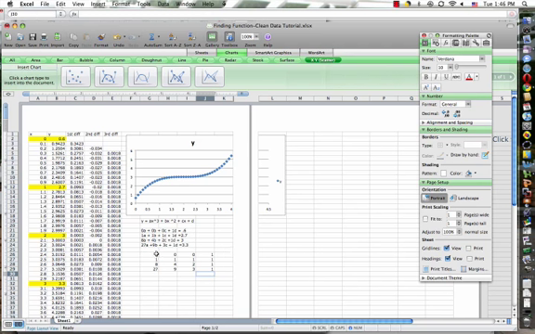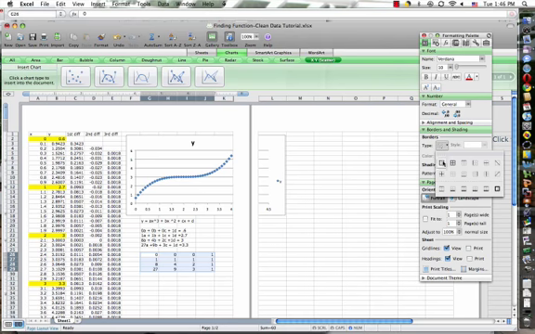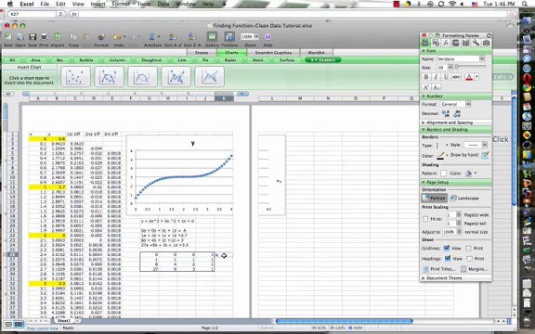And then we'll surround that. There's our coefficient matrix. Our A, B, C, D. There's our variable matrix. We'll highlight it with a border.